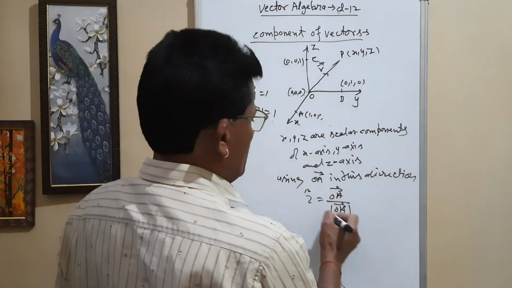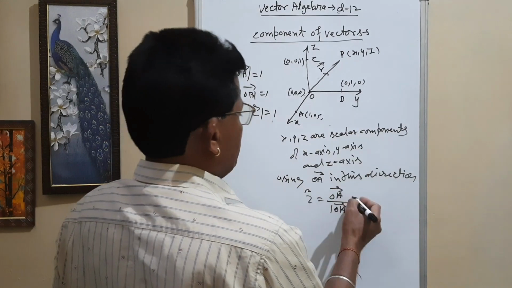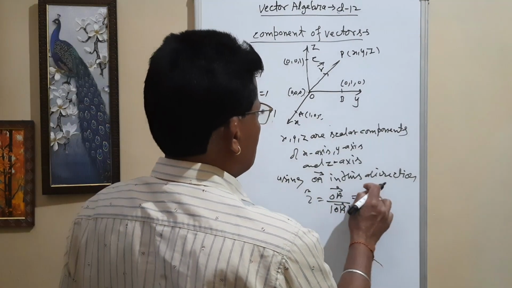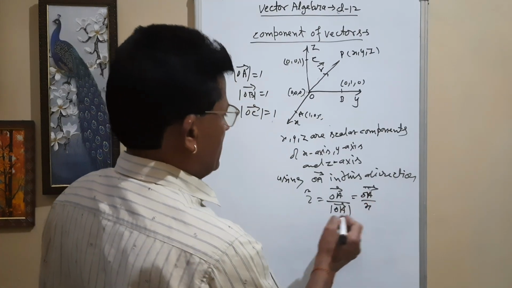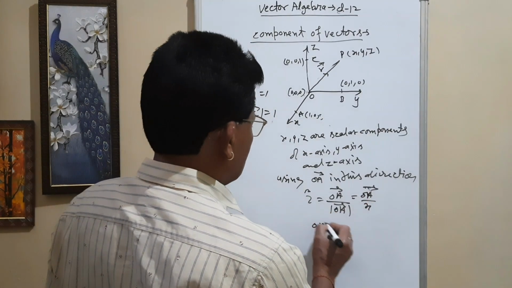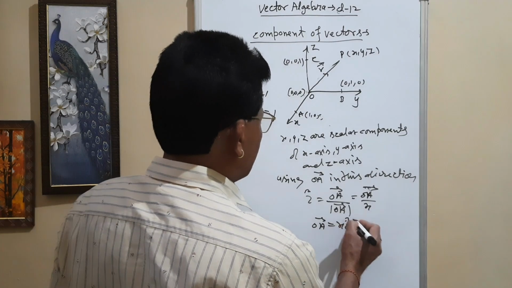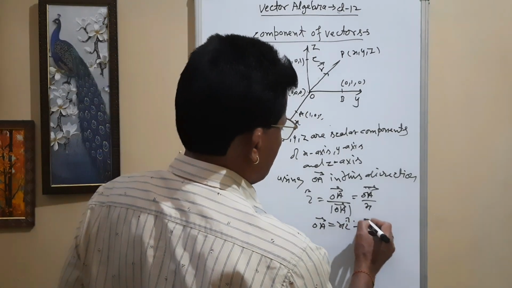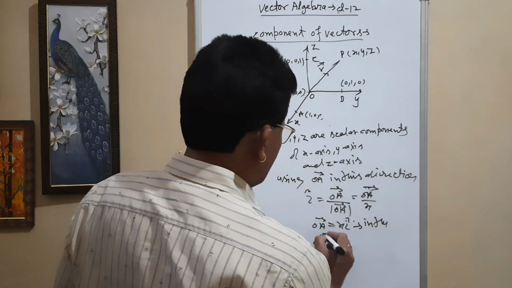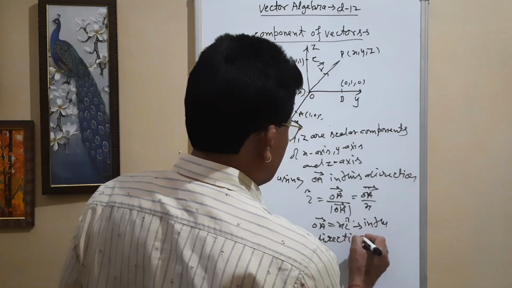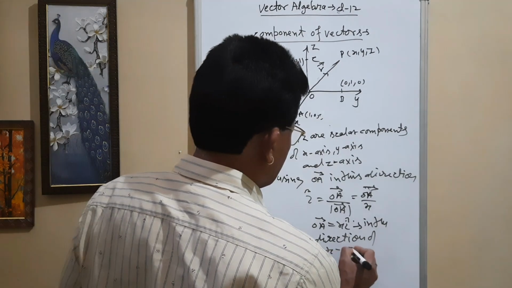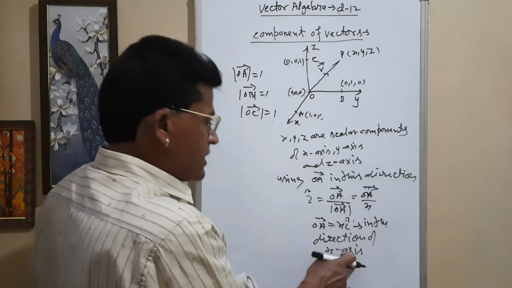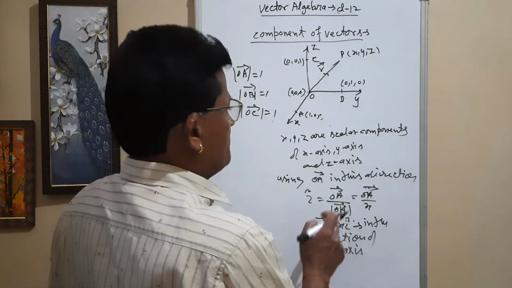That is why in place of OA, now it is not a unit vector, I will take the OA vector. It will be x. When you take the scalar component, you multiply here. OA will be equal to xi. That will be the vector component in the direction of x-axis. This is the vector component xi in the direction of x-axis or along the x-axis.